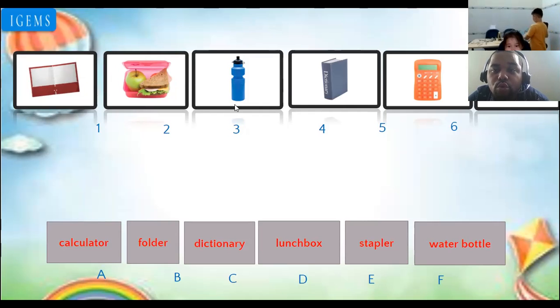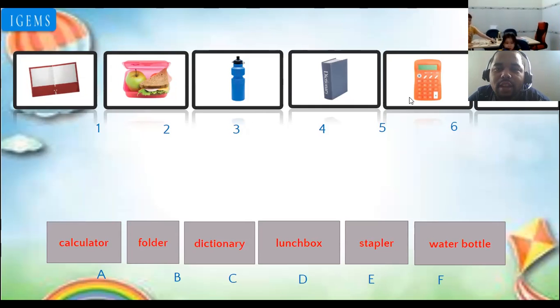We are going to choose one of the numbers that match with the letters or with these words. Okay, do you understand?